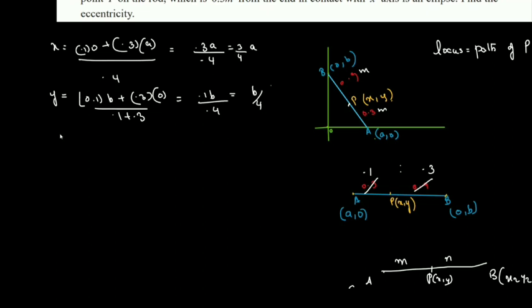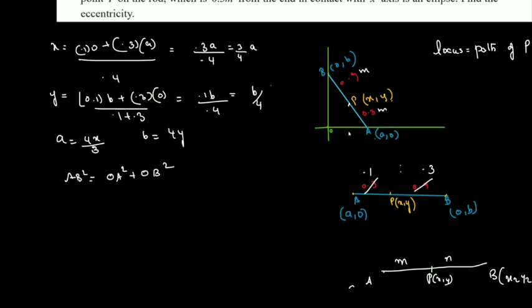So what is a? a is 4x by 3. What is b? b is 4y. So we now apply the Pythagoras theorem. AB square is equal to OA square plus OB square. We are going to prove that this path is an ellipse using the given conditions.